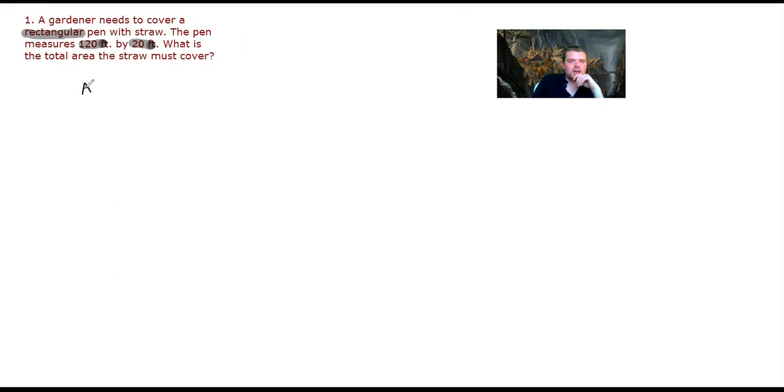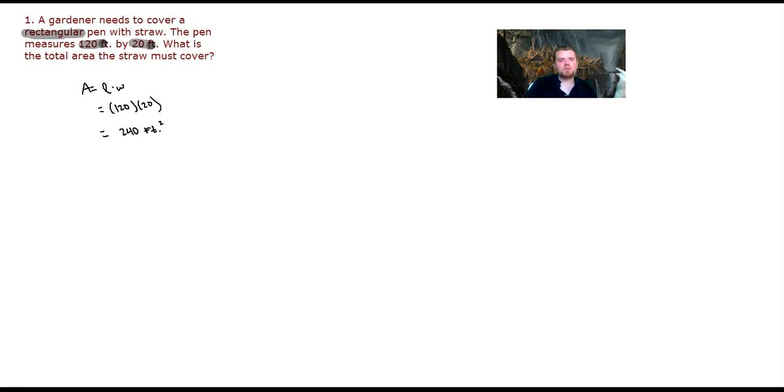So to find the area here, now that I know that it's a rectangle, I'm using the area formula for a rectangle, length times width. And you can draw a diagram if it helps. But I'd be doing 120 times 20, which gives me 2400. And because this is area, it'd be 2400 feet squared or 2400 square feet.